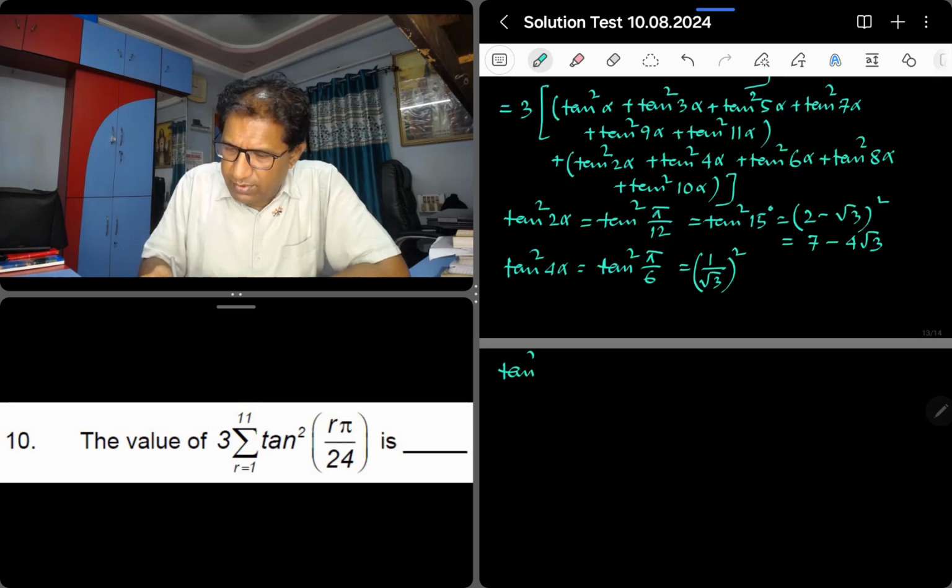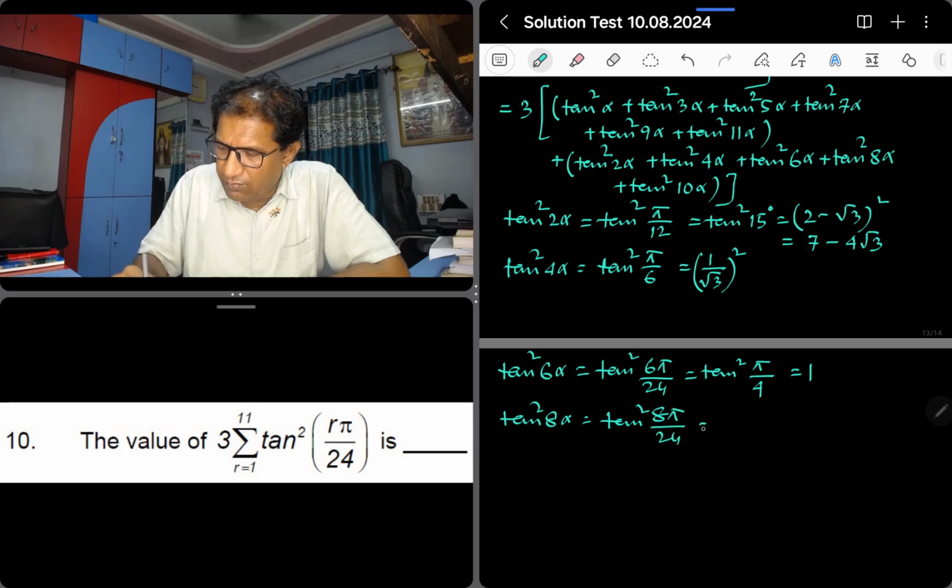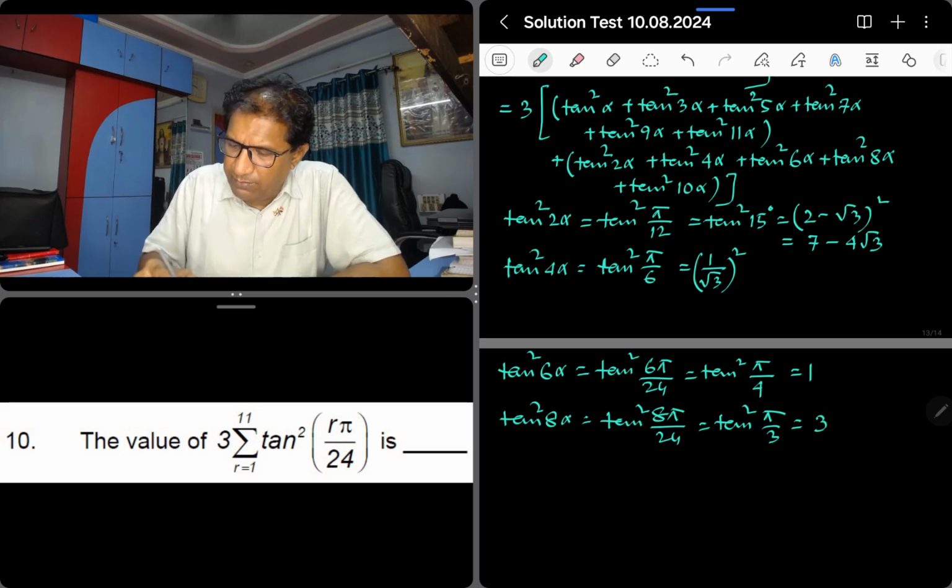So tan square 6 alpha will give us tan square pi over 4, that gives us 1. Tan square 8 alpha means it's tan square 8 pi over 24. So it's tan square pi over 3. So that gives us root 3 square, which is only 3.